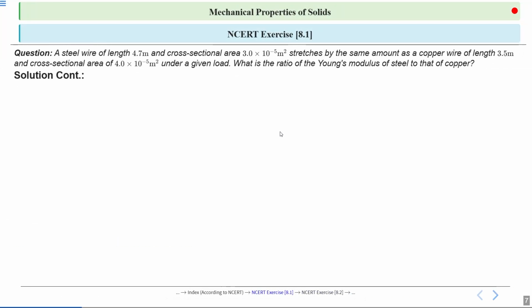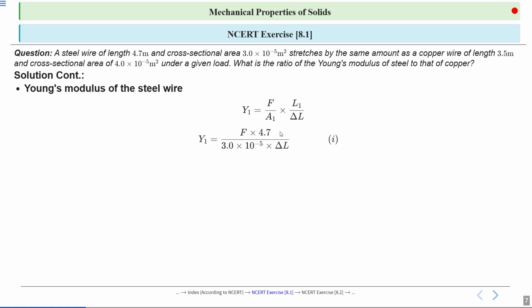Now, the formula for Young's modulus for the steel wire Y1 is equal to F divided by A1 into L1 divided by delta L. So substituting the given values for the steel wire, we have Y1 equal to F into 4.7 divided by 3.0 into 10 raised to the power minus 5 into delta L. Now Young's modulus of the copper wire.